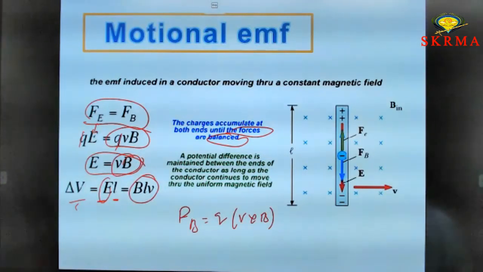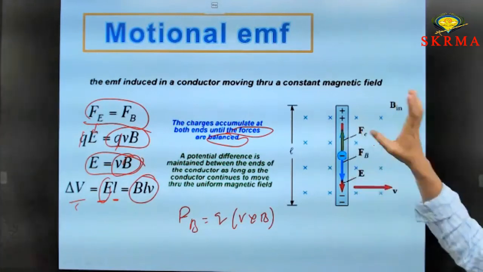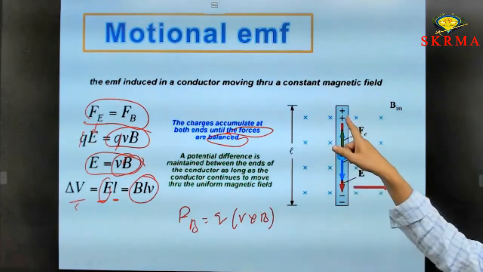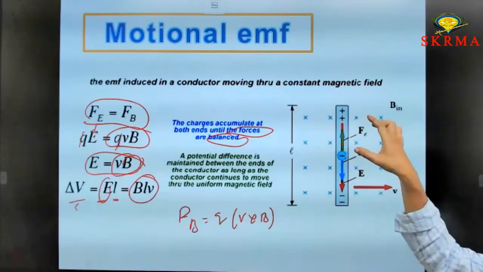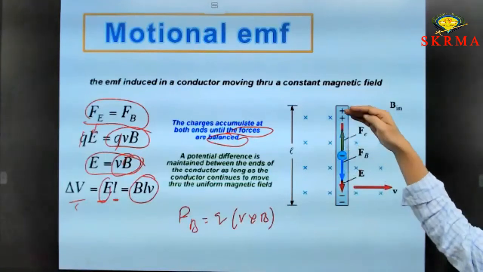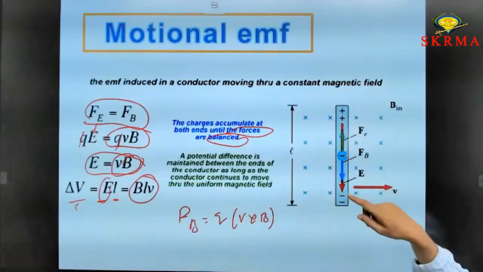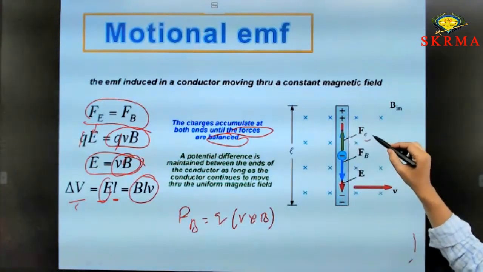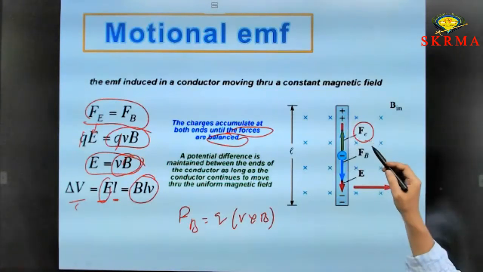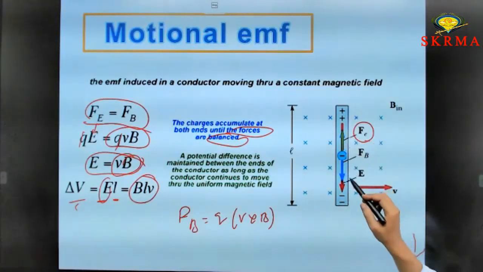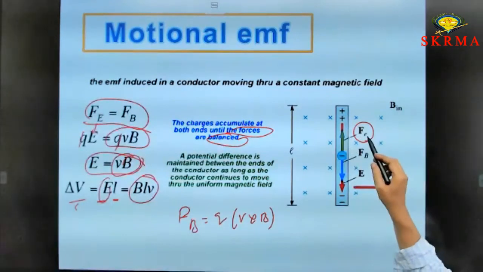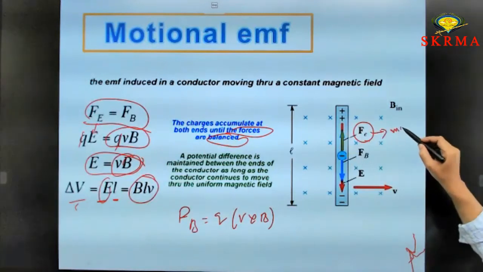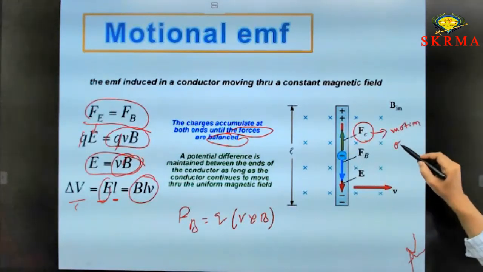Also remember that the charges flow, and the direction of the field matters. In this diagram, the positive charges accumulate on the top side of the conductor and the negative charges accumulate on the bottom. The direction of the electric field is the direction of motion of positive charge.